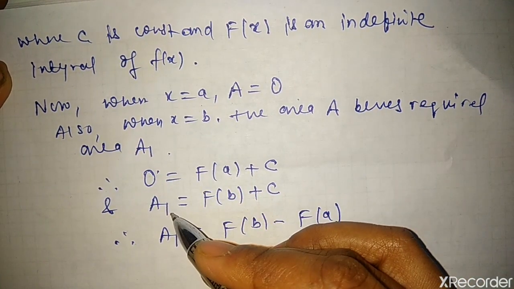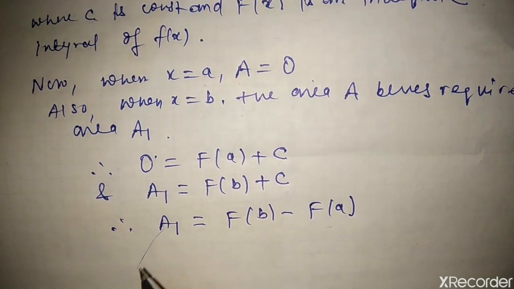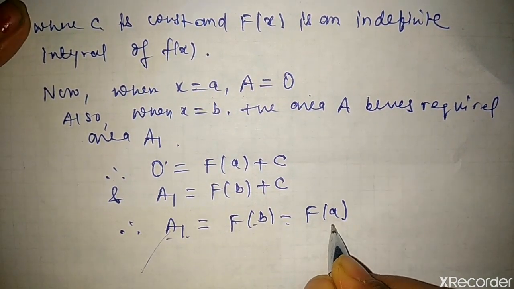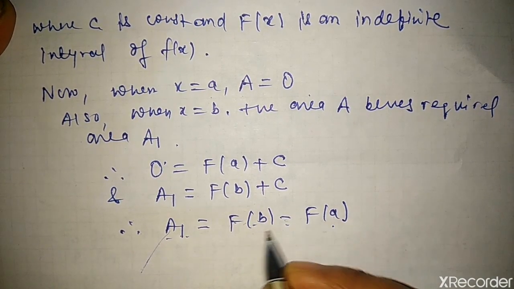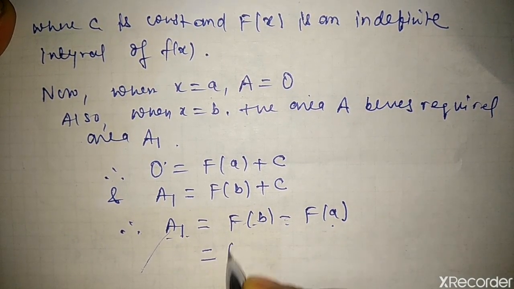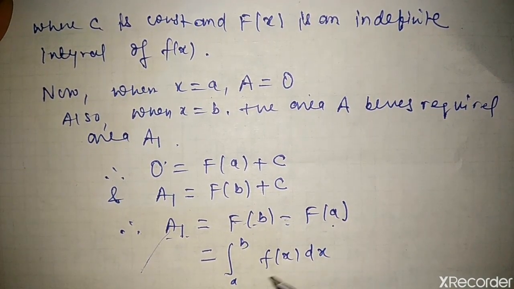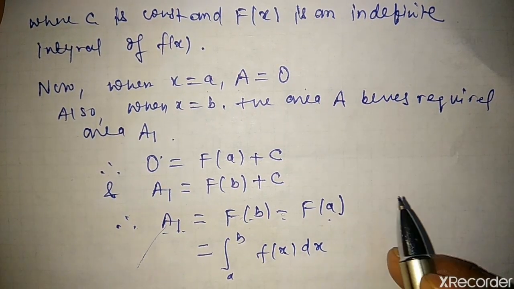So we are looking for the value of A1, and A1 is F(b) minus F(a). And F(b) minus F(a), from the definition of integration, we can write as the integral from a to b of f(x) dx.